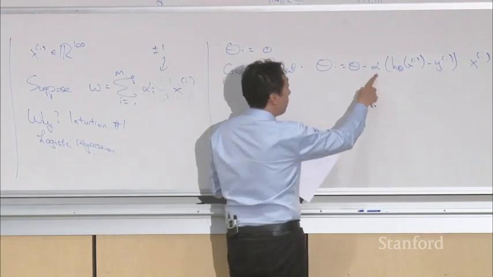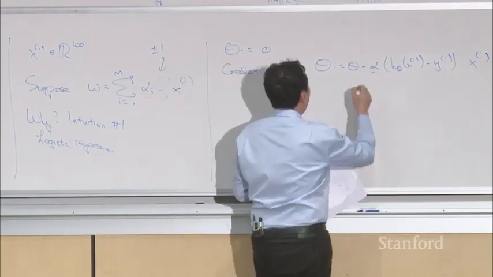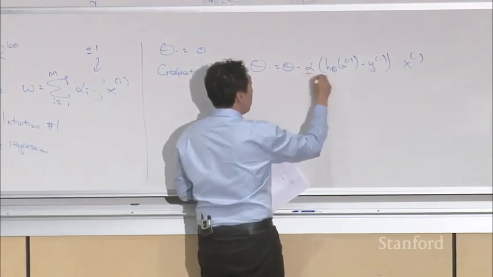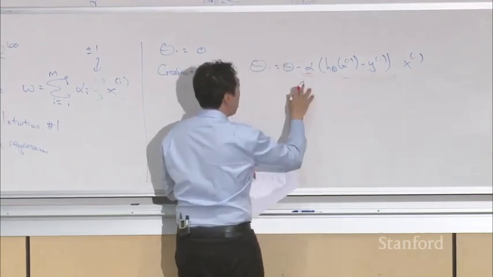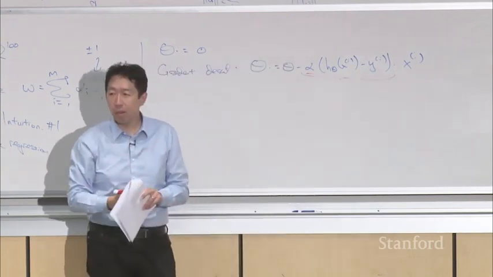Sorry, here alpha is the learning rate. I'm overloading the notation. This alpha has nothing to do with that alpha.